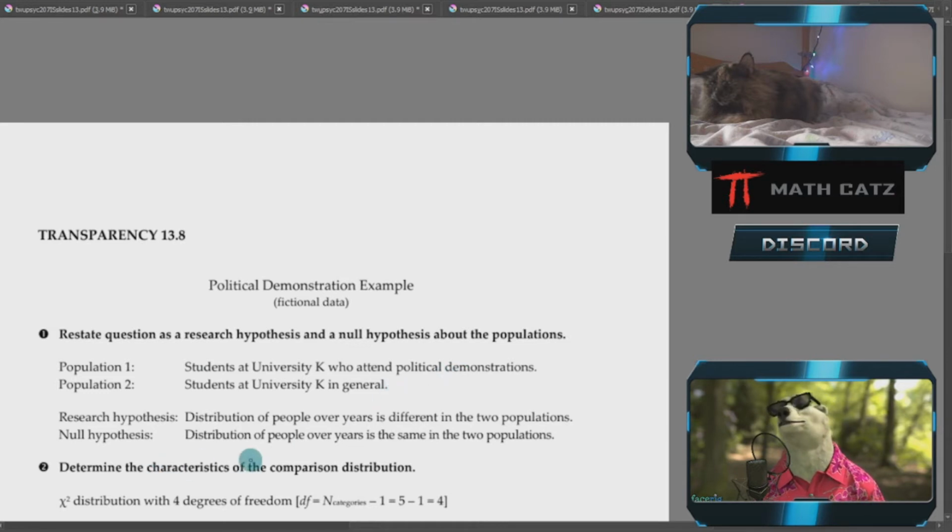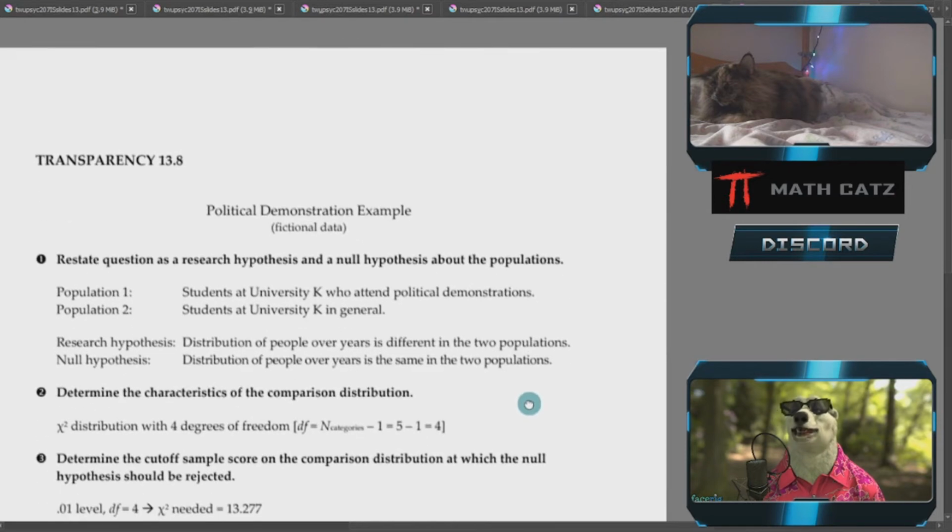The null hypothesis is that essentially the frequency distributions are the same, or within some expected fluctuation, versus the research hypothesis, no, this one's actually different from what we expect. So we have our degrees of freedom there.